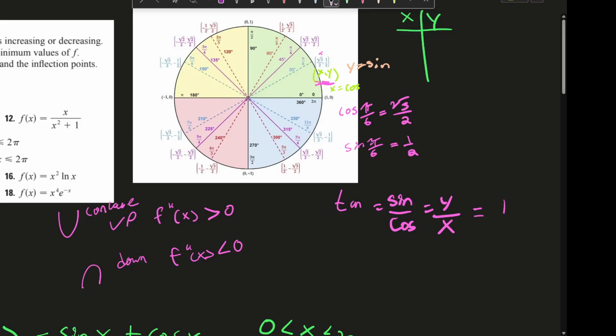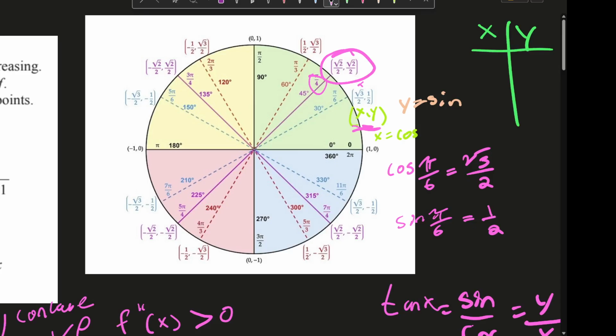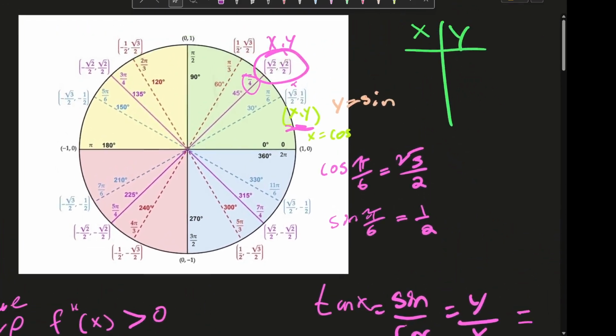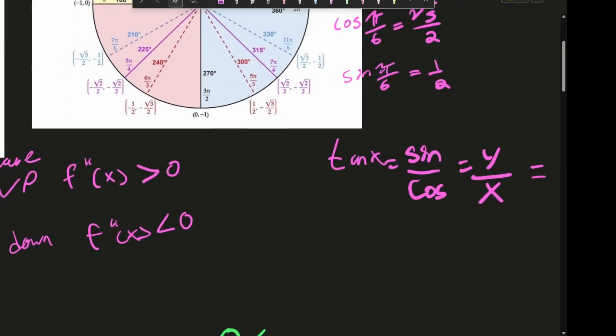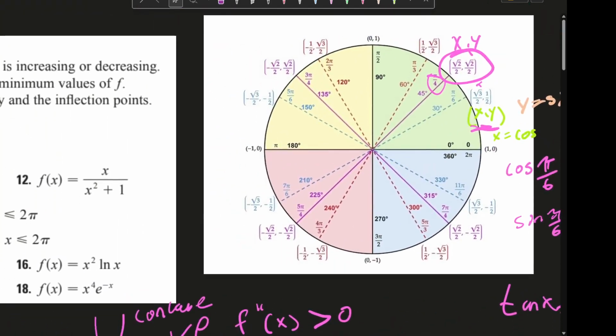In our problem, it was tangent of x equal to 1. So where would your sine and cosine, y over x coordinates, equal 1? That would be where they're the same, right here at pi over 4. Because if you threw your x, y coordinates into your definition for tangent, then you'd have sine x over cosine x, or y over x, which would just be root 2 over 2 over root 2 over 2, which is 1.